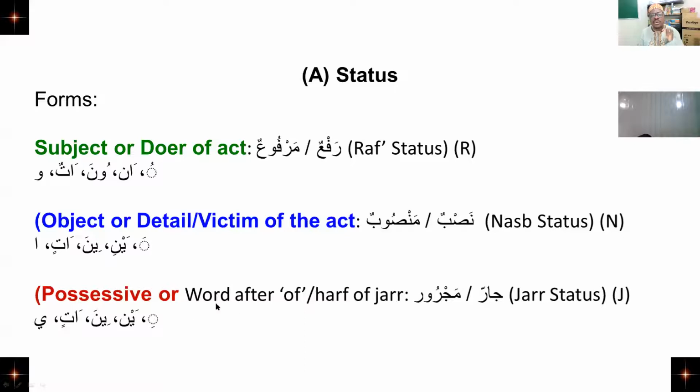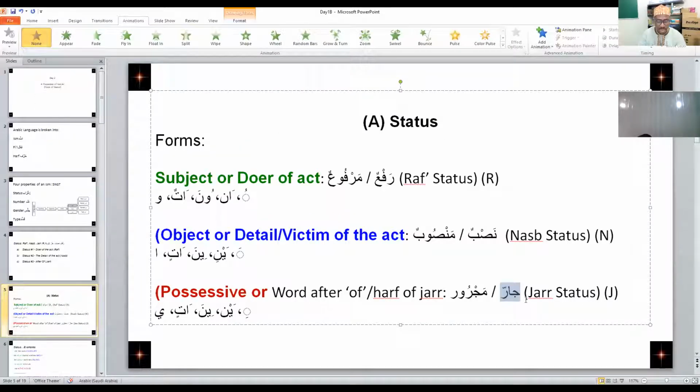Now, anytime you see a harf of jar, we'll come to learn them, an ism after that harf jar will be in the status of jar. And then the harf itself will be called jarun. And then the ism that comes after it will become majrurun. Sorry, this one is supposed to be jarrun.